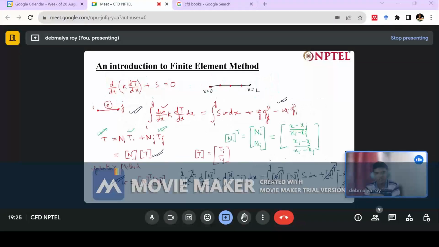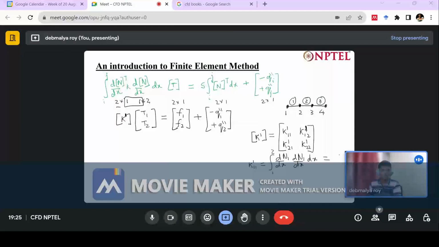You will simply substitute your n1's expression. So n1 will be this: x minus x2, x1 minus x2. So this will be your n1, and you can substitute it here to find out the expression. You will get a value. Similarly, K1 2 2 also you can find out.